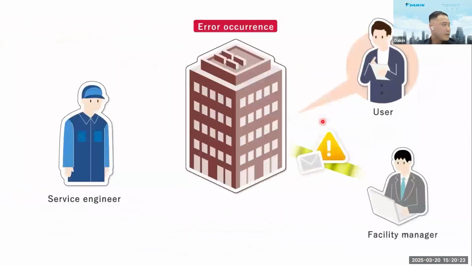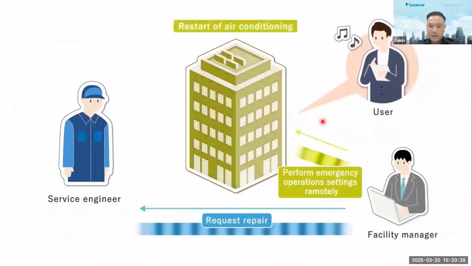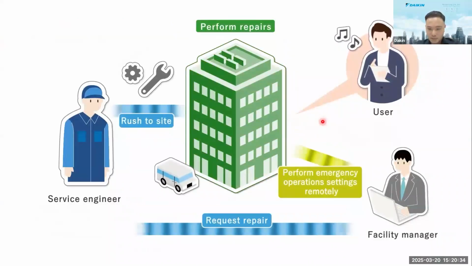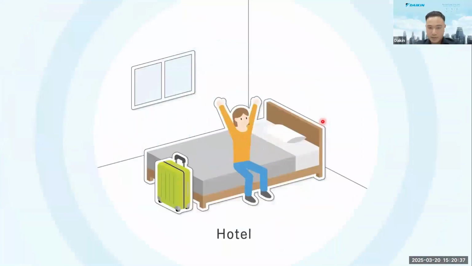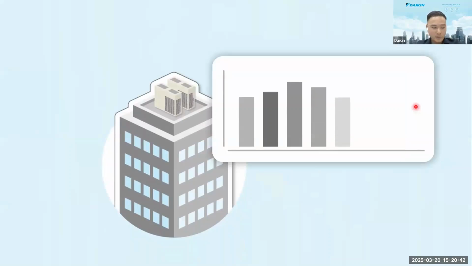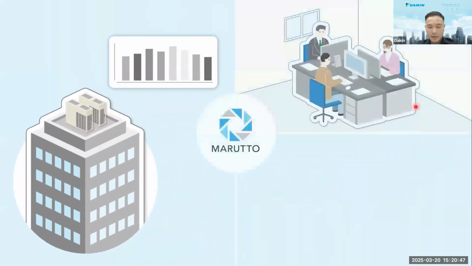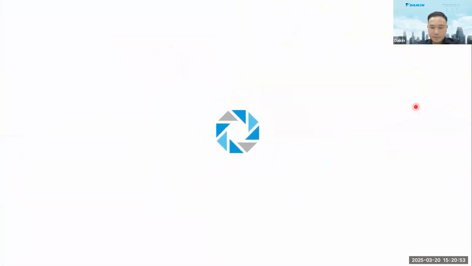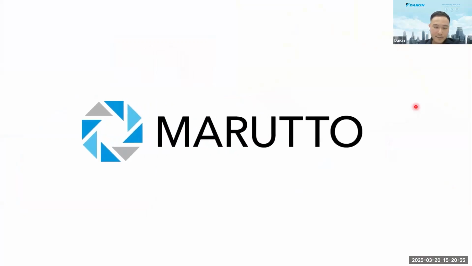If there is an abnormality, the system alerts you via email or social media application, and our remote emergency operation will reduce downtime and contribute to the stable operation of your business. Maruto delivers new value in air conditioning by combining collected and stored data with Daikin's unique technologies. For confidence, convenience, and energy savings in system control and management, Maruto.